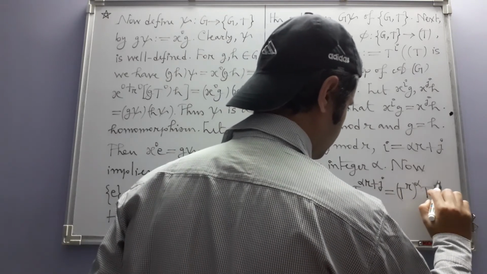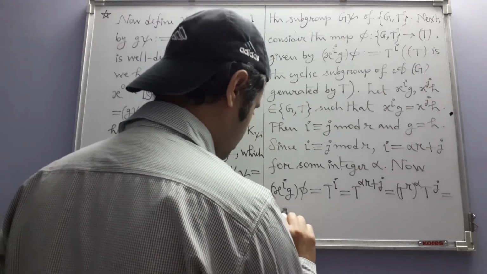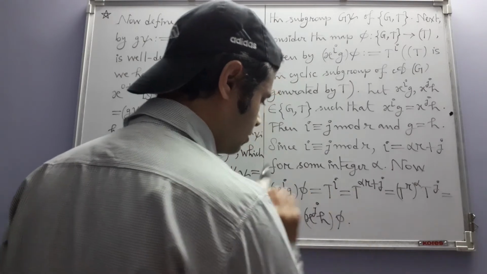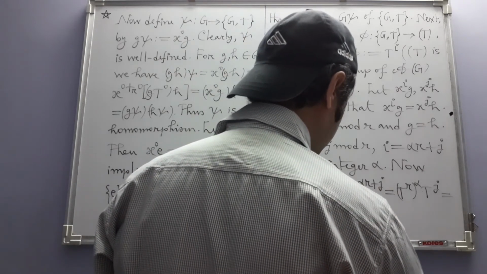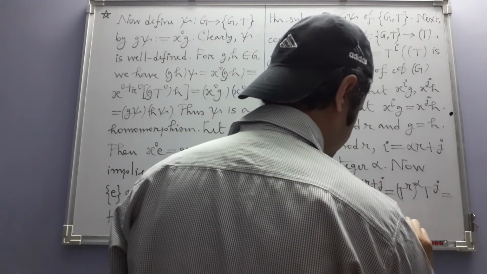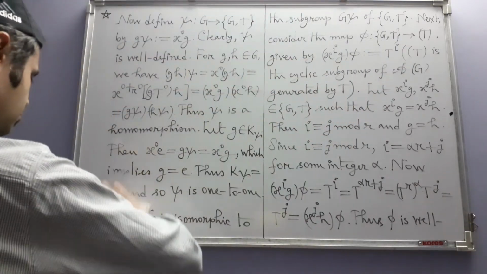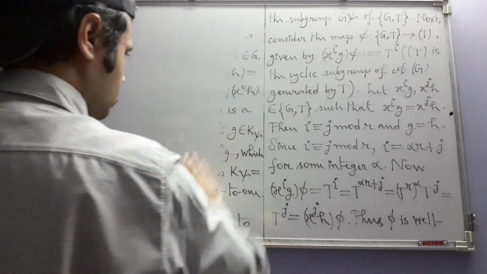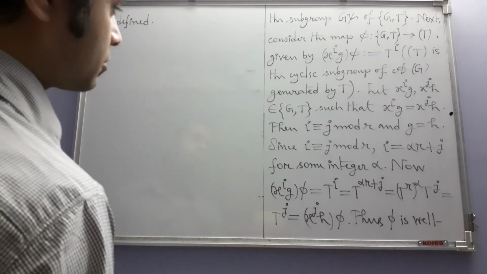Using the rules of exponent, we have this, which owing to the fact that r is the order of t gives us this, which is nothing but the phi image of the other element, which is just another representation of that element. Thus phi is well defined.